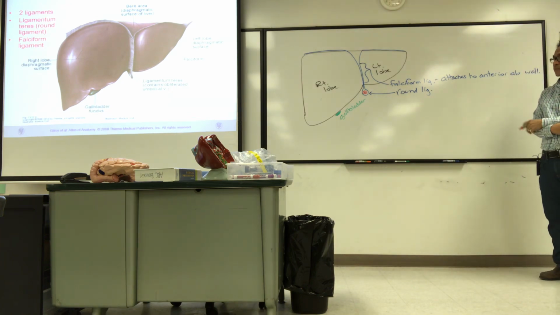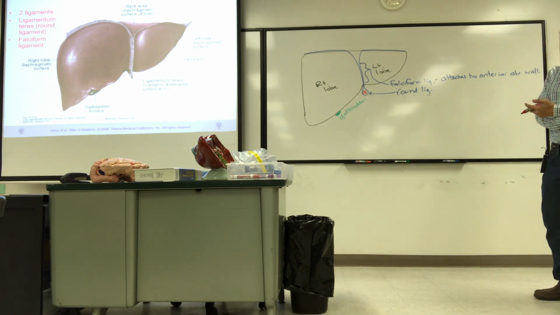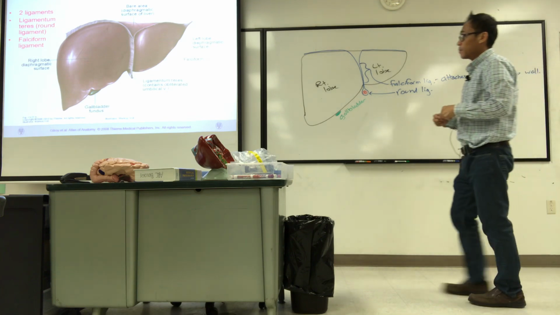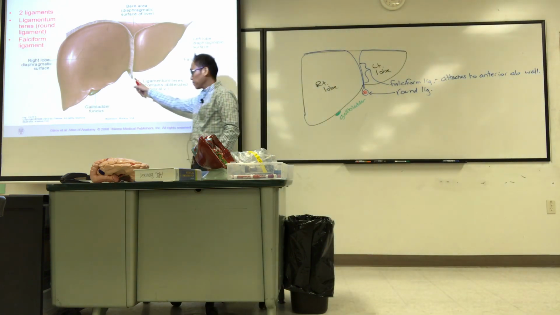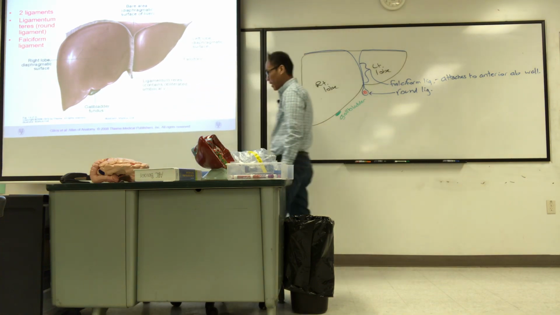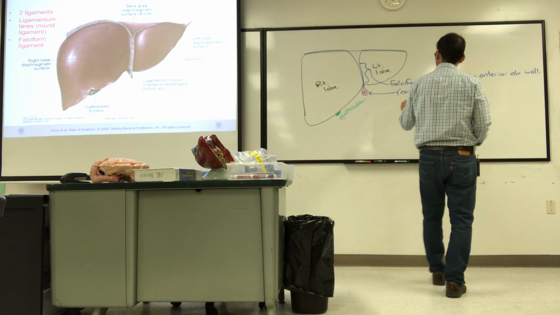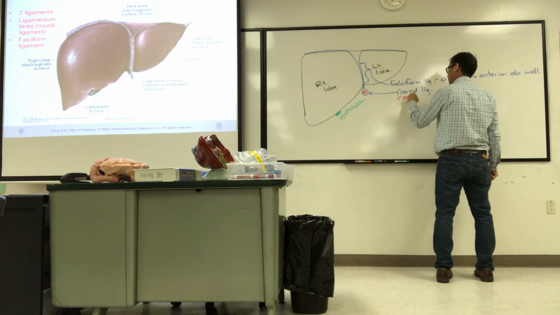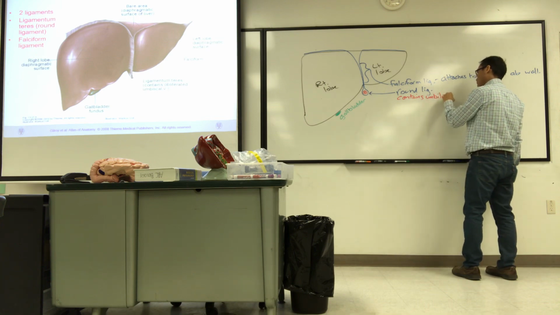That's where it is when you're an adult. It's obliterated because you're not using it, but you certainly were using the umbilical vein during fetal circulation. It's in there, it's hard to see. And it's that round ligament at the bottom. It contains the umbilical vein.